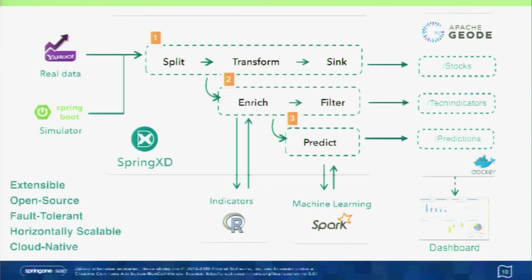And by the way, who is familiar with Spring XD here? Told you. So we see a few hands. Apache Geode, Pivotal GemFire, in-memory technologies in general. Great. Last, Spark. Good, that's going to be interesting.